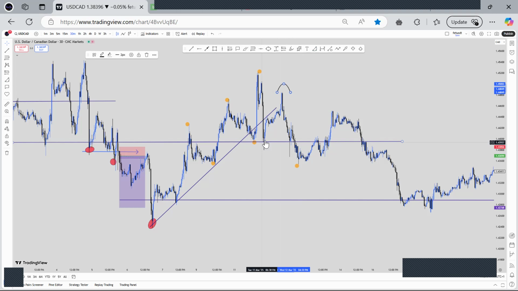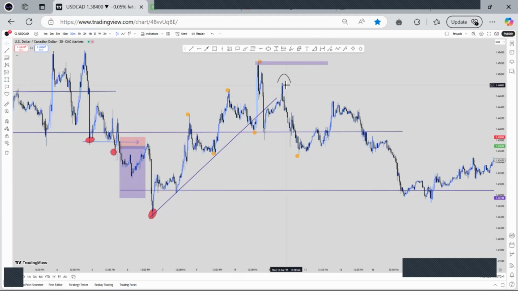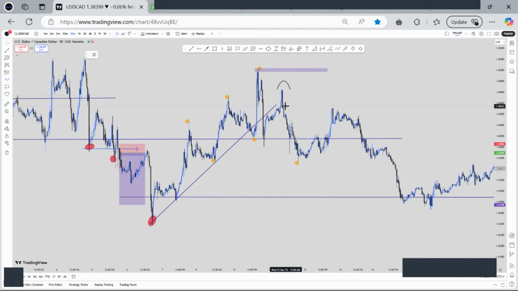So I was expecting this low to create a new high above this level here. Unfortunately, I see market pushing up, then started pushing back. I cannot do anything because market can even go to this level and then continue. So I don't know what's definitely going to happen here.